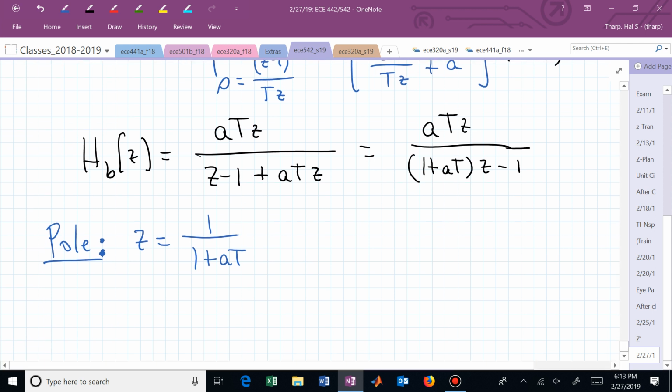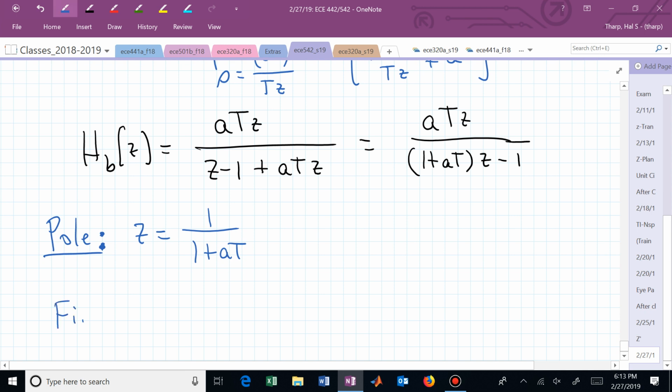Where is our finite 0? Or do we have a finite 0? We now have a finite 0 at the origin. We didn't have one before. What about the DC gain?